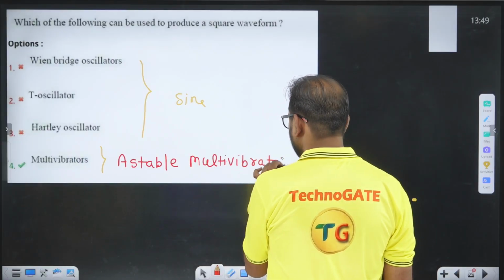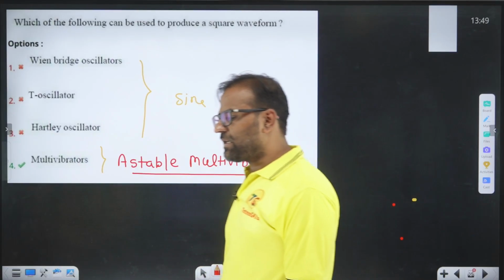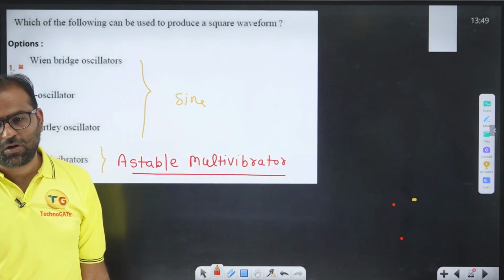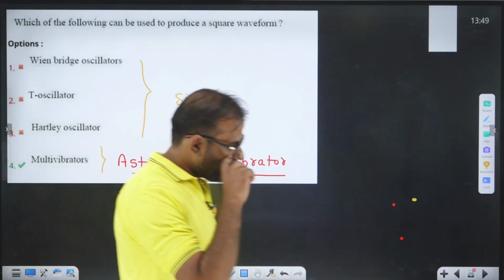Always remember, in astable multivibrators, both the outputs of the multivibrator are always saturated outputs. Which type of outputs are we having? Saturated outputs.